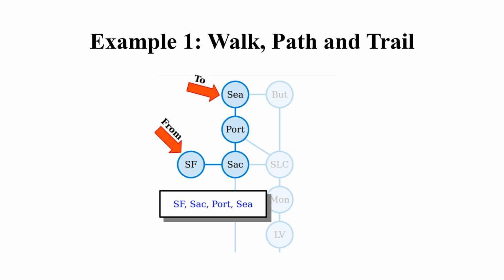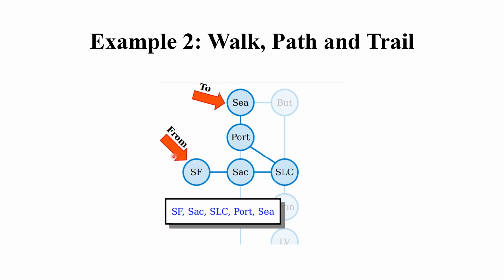Now this is an example of a walk, path as well as a trail. Let's say you want to go from San Francisco to Seattle. You go from San Francisco to Sacramento to Portland and to Seattle. As you can see, no nodes are repeated and no edges are repeated. So it's a walk, trail as well as a path.